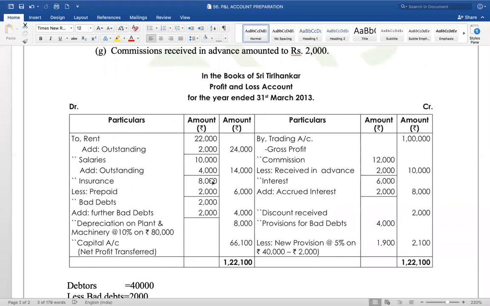Insurance 8,000 less prepaid 2,000, so only 6,000 belongs to this year. What belongs to the next year, that is 2,000, is deducted from the total insurance paid, so that we come to know the exact amount of insurance premium belonging to this year.